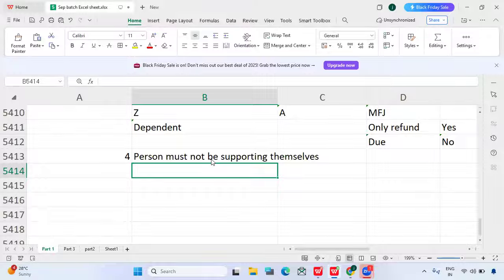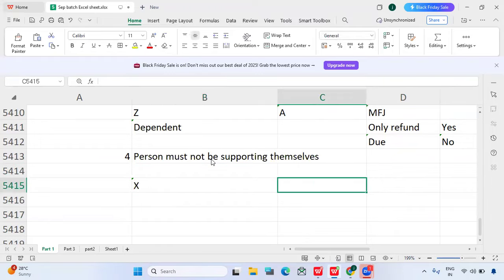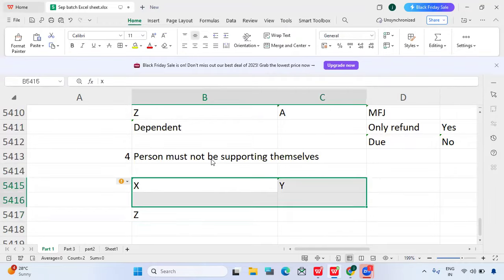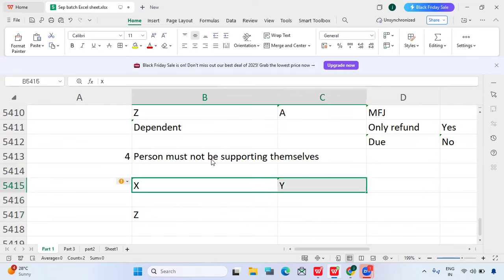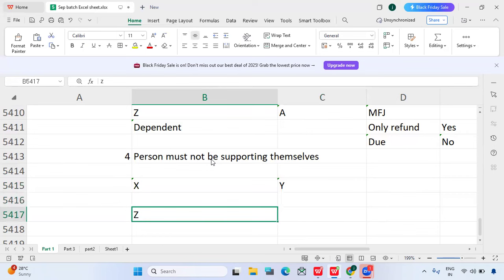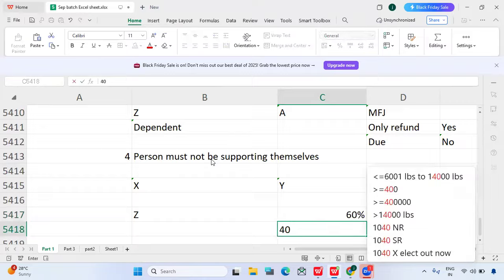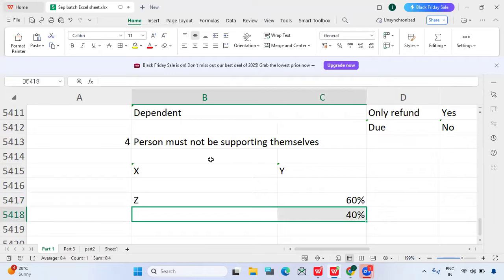So here, let's say we have X and Y and Z. Z is actually dependent on X and Y, because X and Y are paying money to Z. That's the reason we are considering him a dependent. But in our case, Z is earning income, Z himself is providing 60% of support, and the balance he is getting from his parents X and Y.